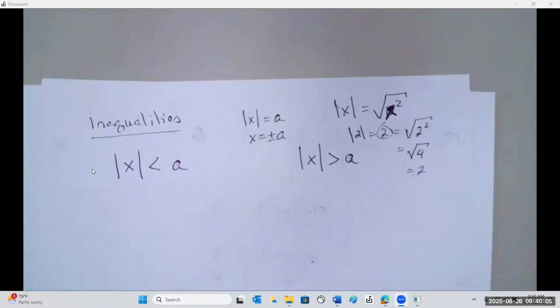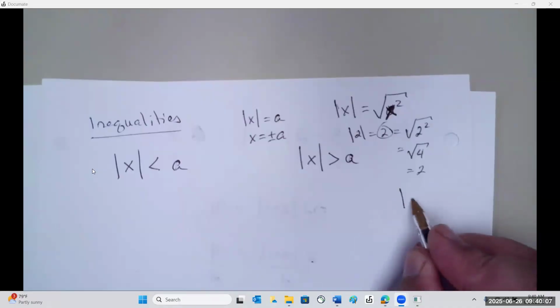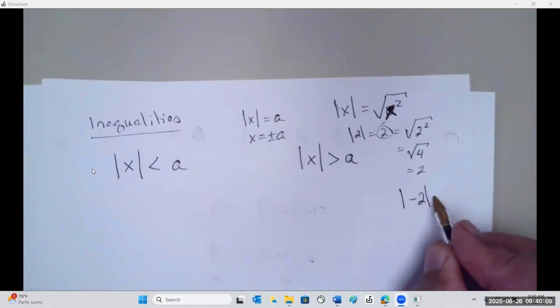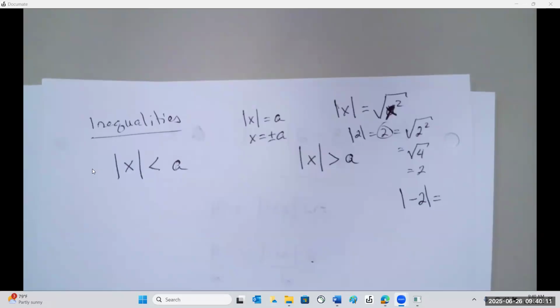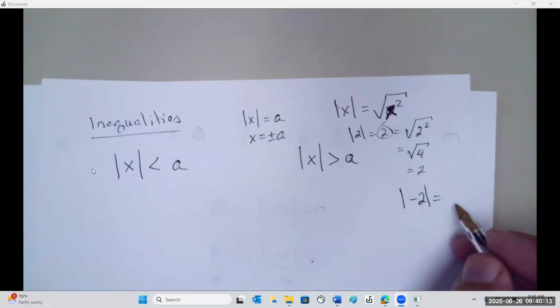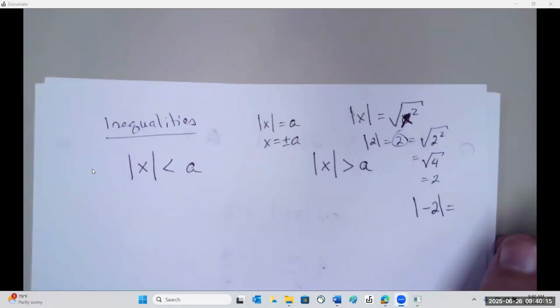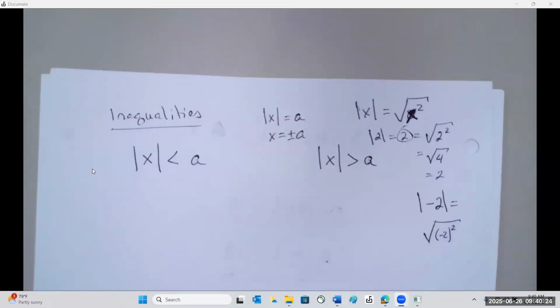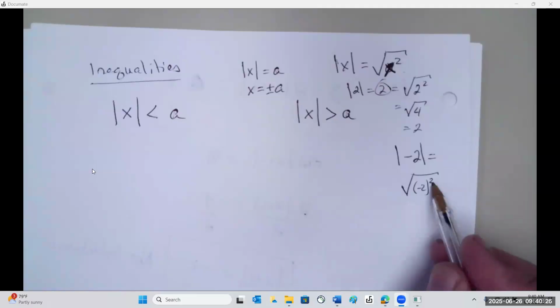We have to keep it that way because what if we had a negative number in there? Why does it become a positive? Using the formula, if we had -2 squared, what happens when you square something?